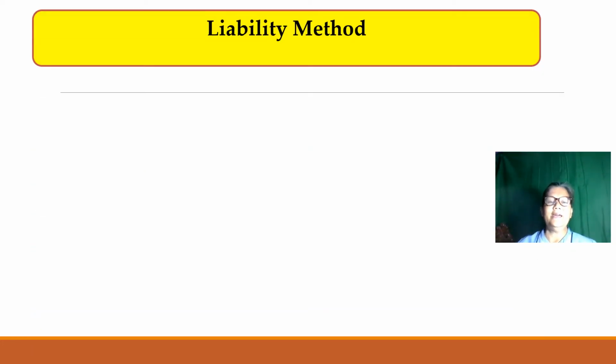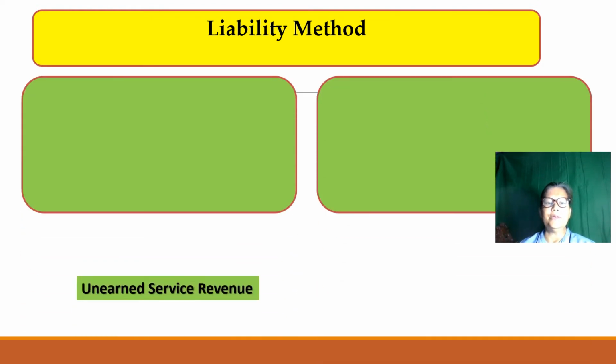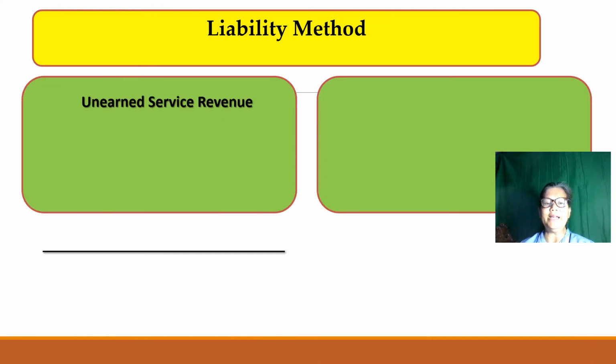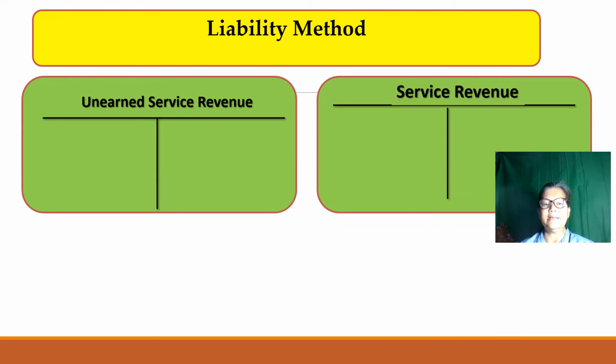Look at the presentation and how we arrive at the answer under the liability method. So, we have to prepare the accounts. Okay? And then we're going to record the initial transaction, and that is on February 15 of 40,000.